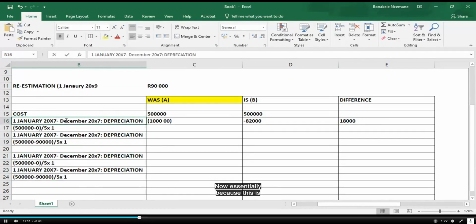Essentially, because this is a straight line method, in each of these years the effect would be the same. So in 20x8, on the old estimation it would have been 500,000 minus 0 divided by 5, giving a depreciation of 100,000.